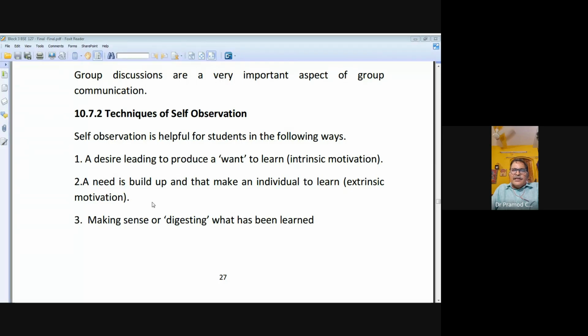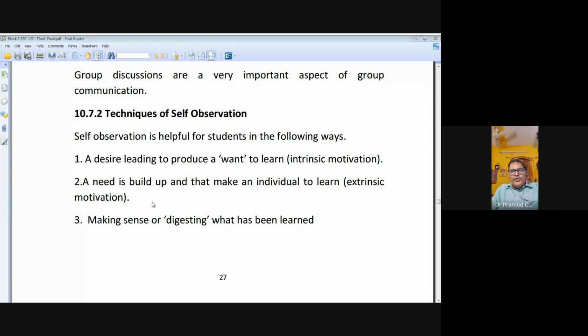If you say that you will secure first position in the classroom, and anybody asks you whether you are reading well, and you say no, then how will you secure the first position? So the desired outcome should be according to your intrinsic value. What you want to become, you must know by yourself.